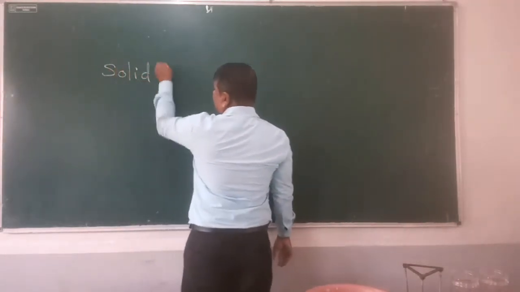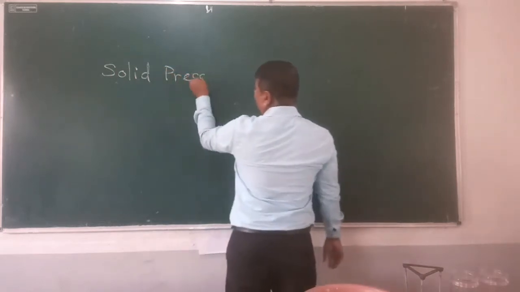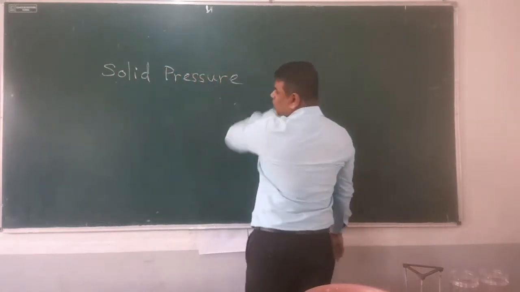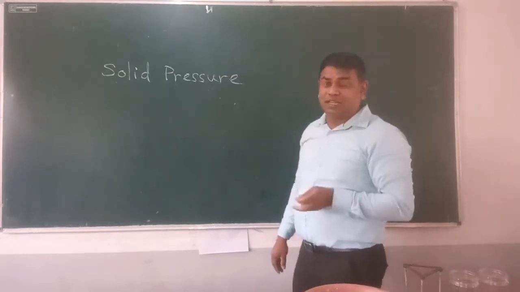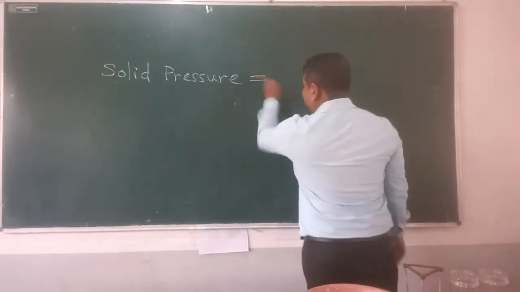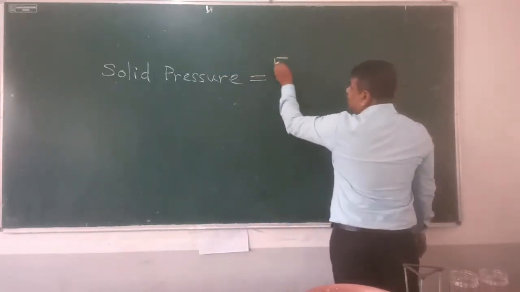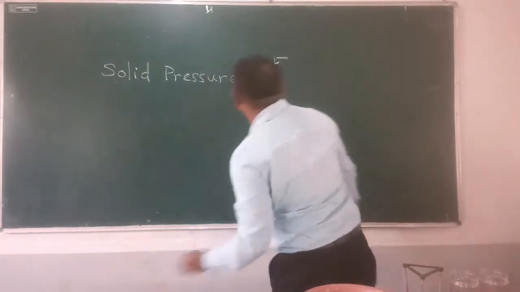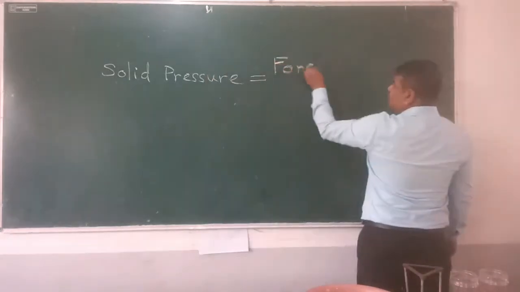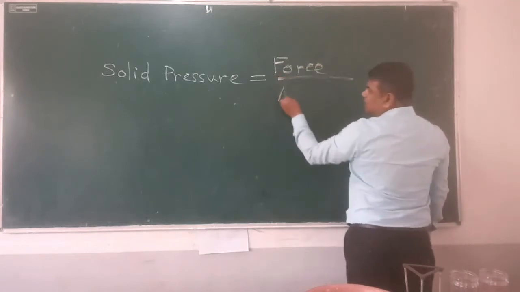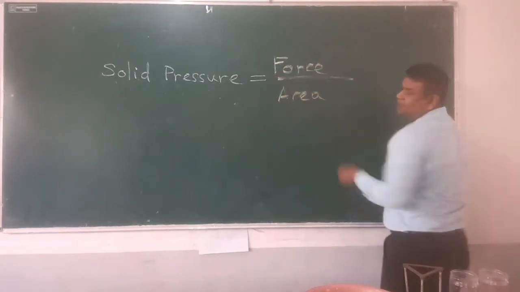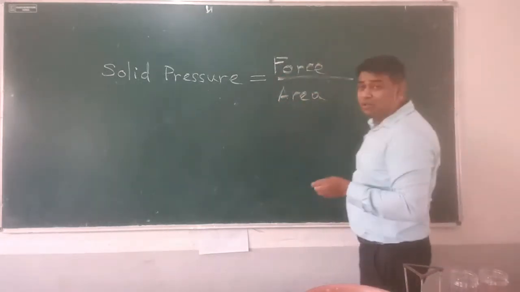Solid pressure depends on two factors: the force and the area. Therefore, solid pressure is equal to the force acting per unit area. Force per area is the solid pressure.